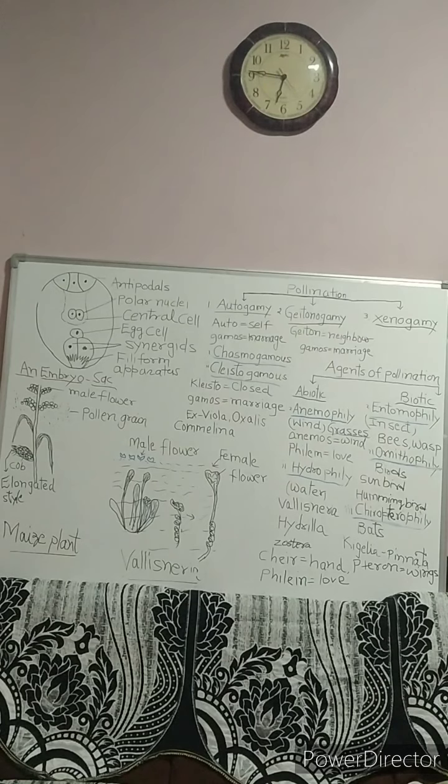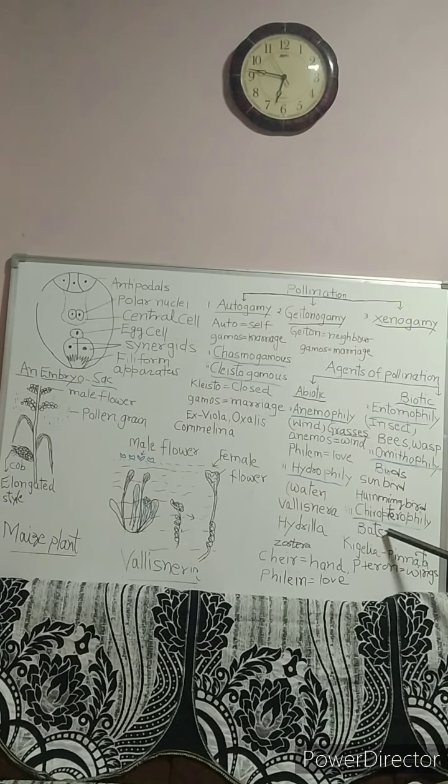Petals are closed, forming a funnel-like structure so that birds can deposit pollen with their long beak inside the flower. So bird pollinated plants are called ornithophily. Examples are sunbird and hummingbird.